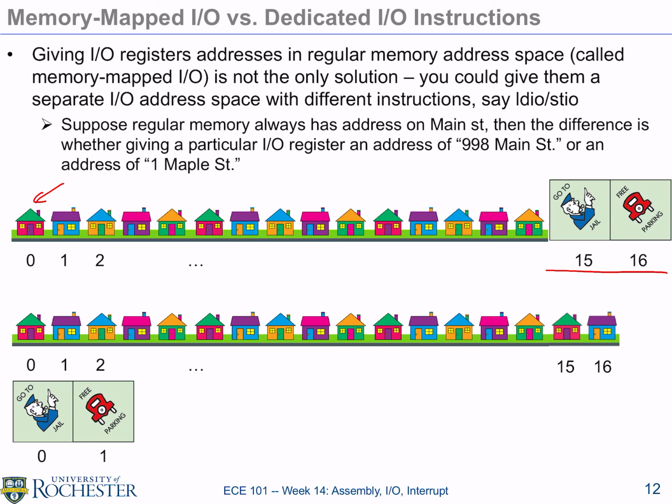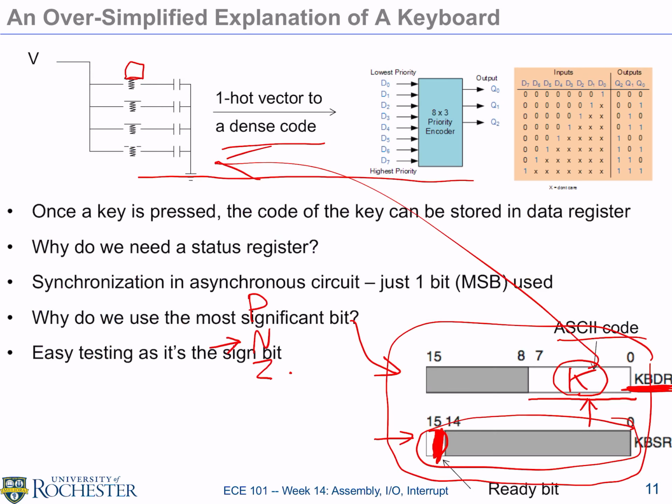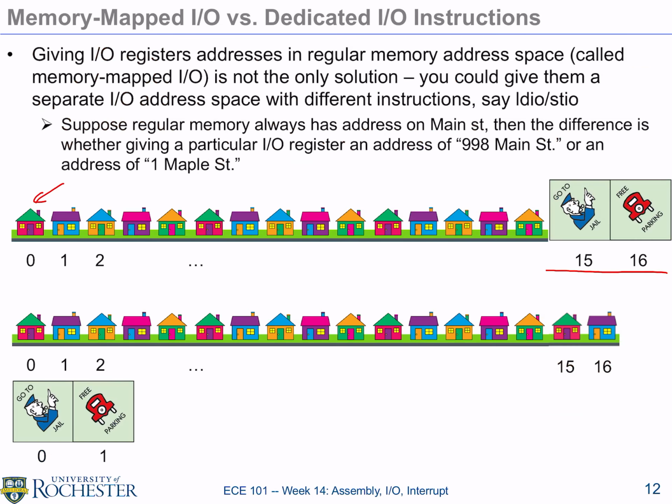They're not regular memory. Writing into this memory location has no meaning. In fact, the register is not writable from software. It's only updatable from the actual hardware. So you cannot use this to store a value. It doesn't work that way. And when you read from it, you're really reading from the keyboard. That's the purpose. All you have to do is pay attention to not use these addresses for regular purposes.